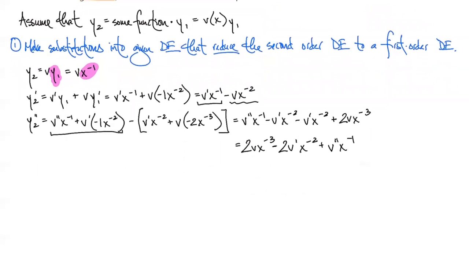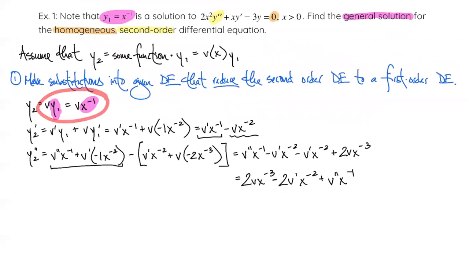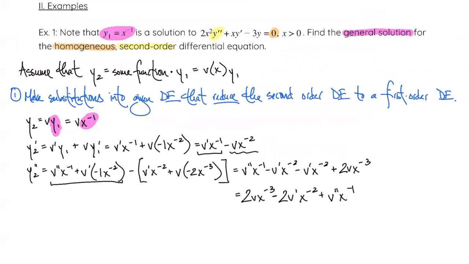All right, so we've taken some derivatives, we've substituted in our first solution. But when I say make substitutions, I mean we're going to make a whole lot of substitutions. Right now, everywhere we see a y, we're going to put vx to the negative 1.